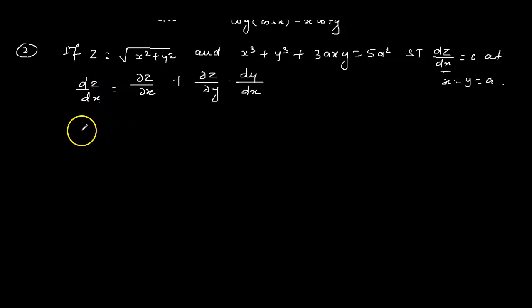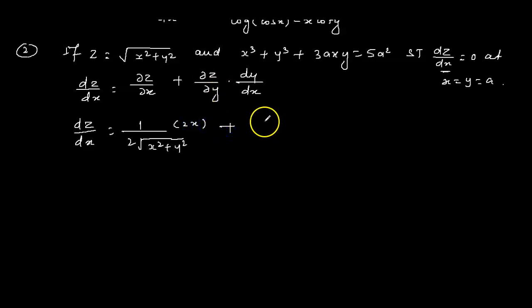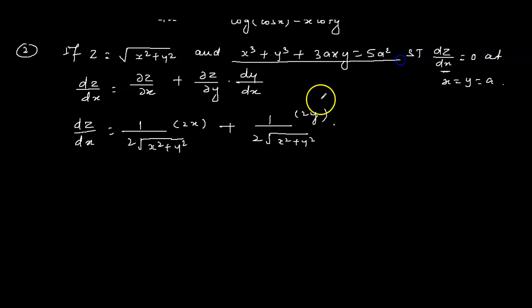If we find it here, del z by del x is the differentiation with respect to x partially, so 1 upon 2 root of x square plus y square into 2x, plus del z by del y is 1 upon 2 root of x square plus y square, and x is 0, y square differentiation is 2y into dy by dx. So we need to find dy by dx separately here.